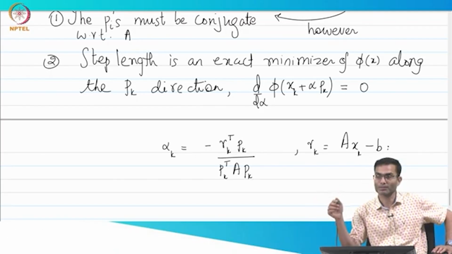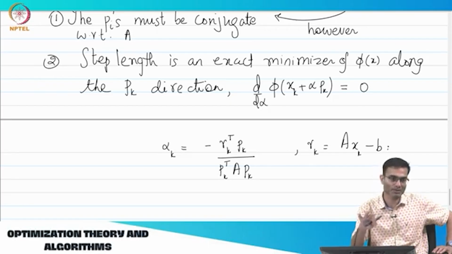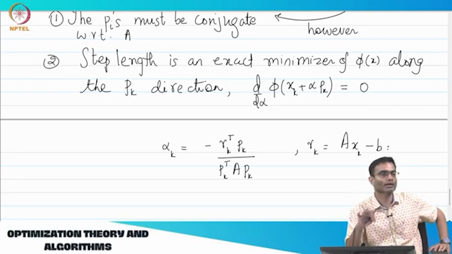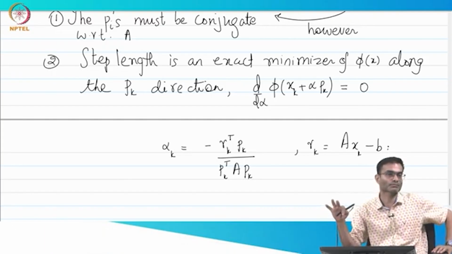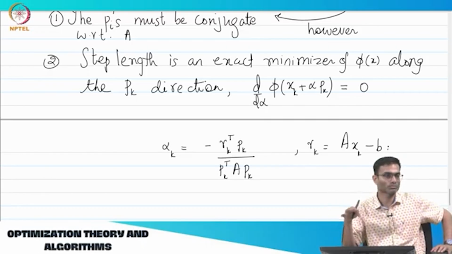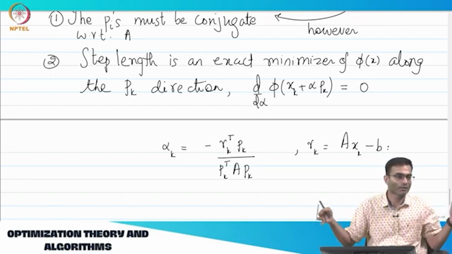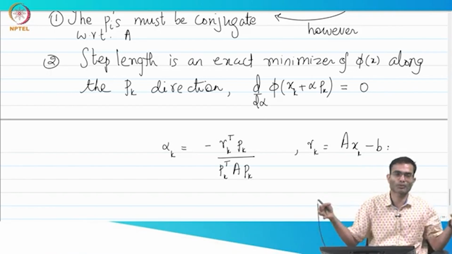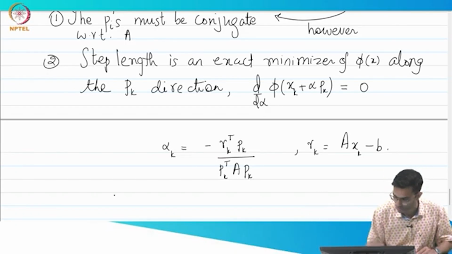Now, what is really surprising, and it's not obvious looking at this, is that with these two simple requirements, you are guaranteed convergence of the problem in n steps. That was not possible in gradient descent. We saw that graph, right? Depending on the condition number of A, you took more steps than the size of the matrix. But here, there is a guarantee. Okay, so let's write this down.